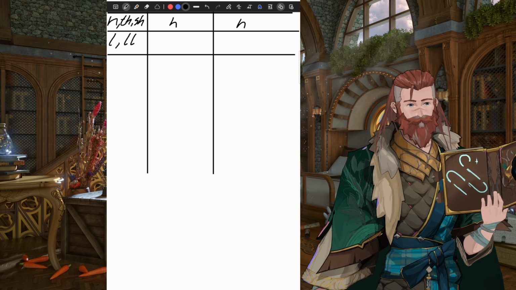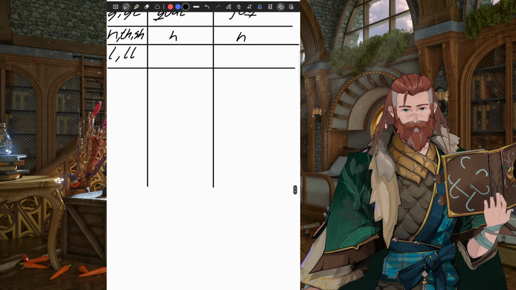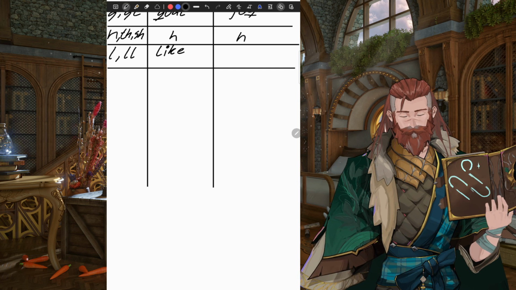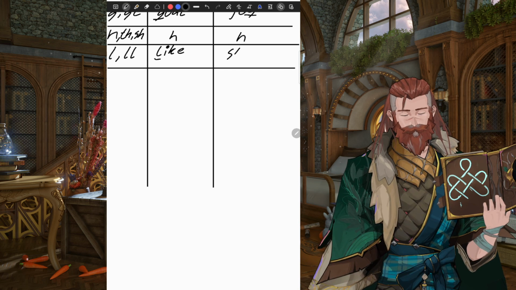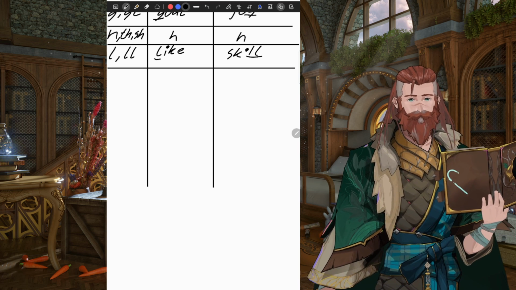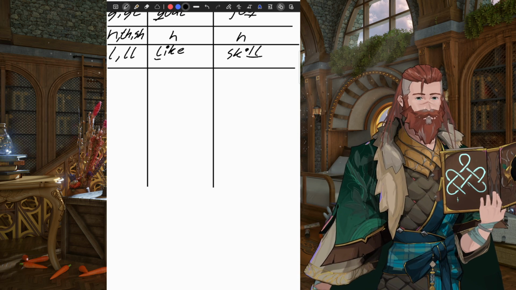Like versus skill. Again, it's a subtle difference.